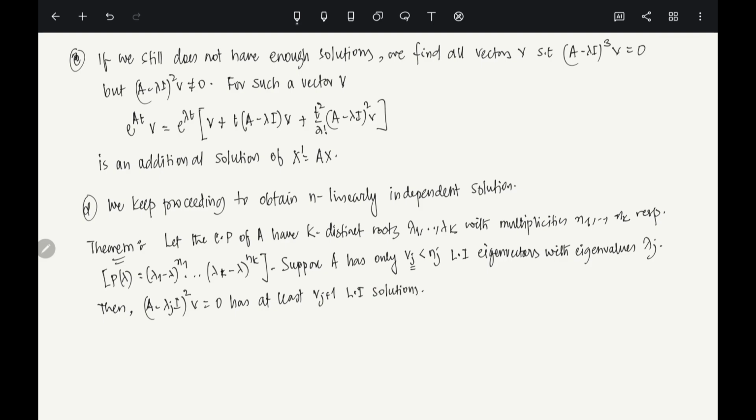Clear? I hope this is clear. So what it is saying is, corresponding to lambda j, if (A minus lambda j I) v equals 0 has vj linearly independent solutions, then the square will have one more, vj plus 1.